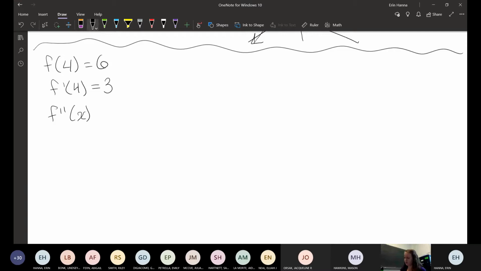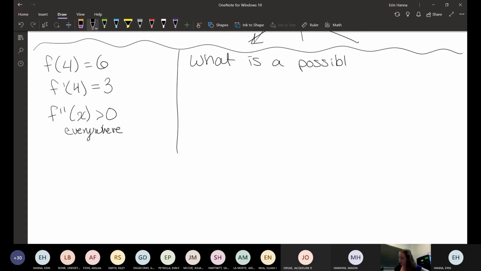I think it's usually just phrased in terms of x, and it just is that everywhere. And what they then ask you is, what is a possible value of f of 8? And on Wiley, it gives you 3 choices.